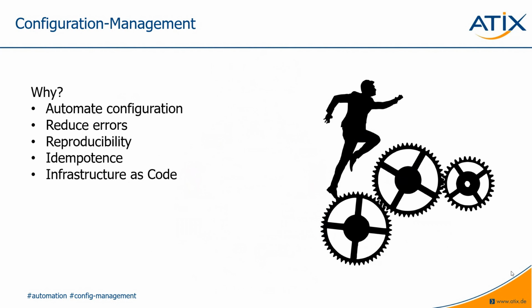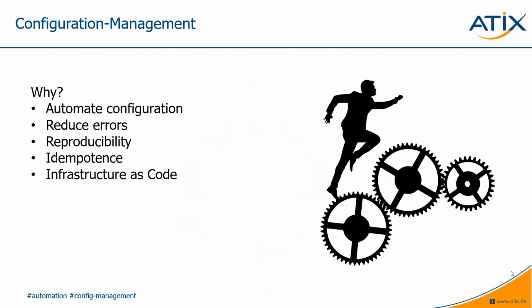So this means that you can run your script two or three or multiple times, and the result is always the same. This can be done with bash scripts, but you have to take care that if you run it twice, it doesn't override anything, which can break things if it was running correctly beforehand. And this is something which is built into these tools.